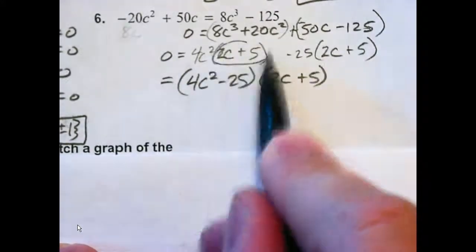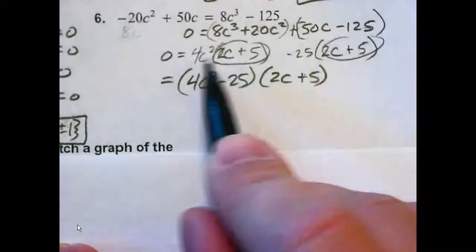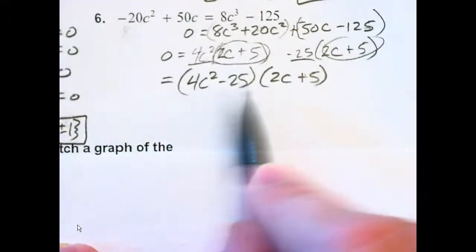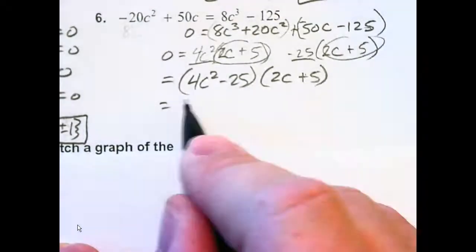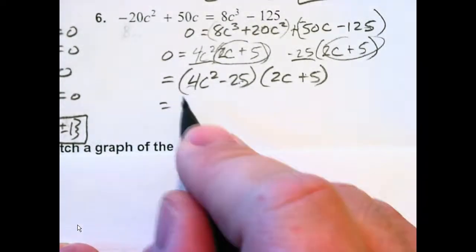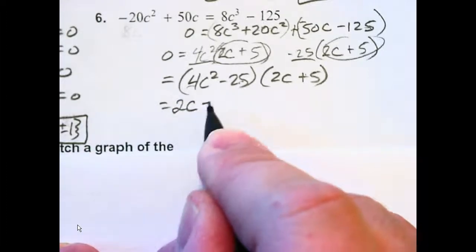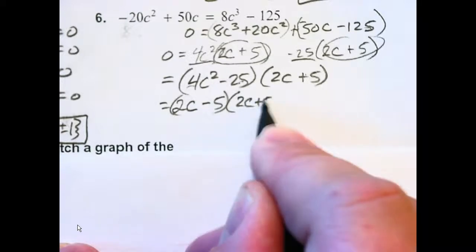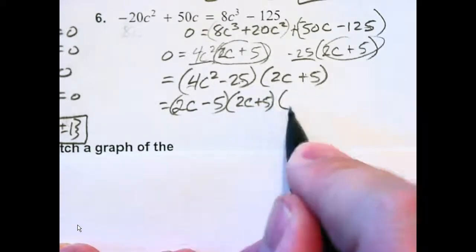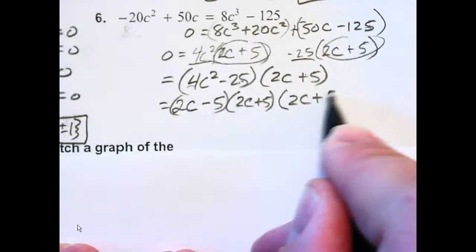Right? This is the piece they have in common. That goes here, and then I'm left with 4c squared and minus 25. This is a difference of two squares. So 2c minus 5 and 2c plus 5. And then we bring down that 2c plus 5.